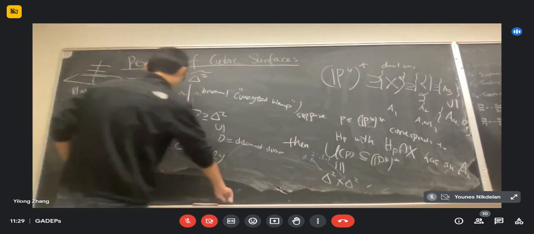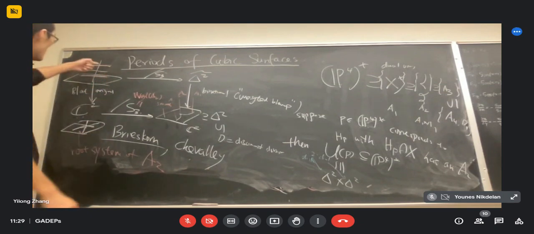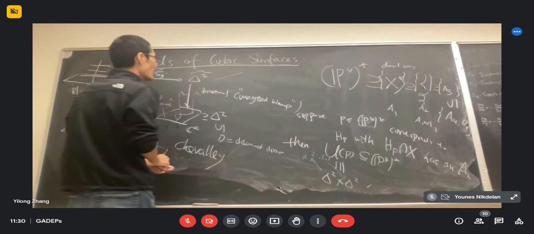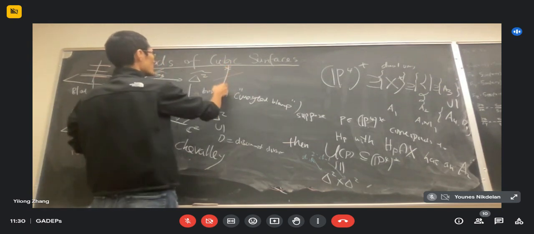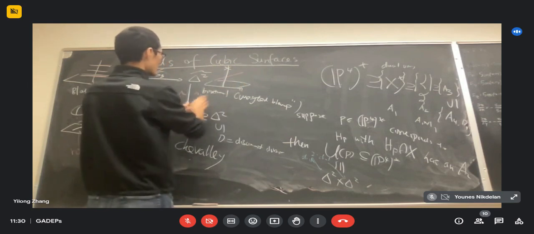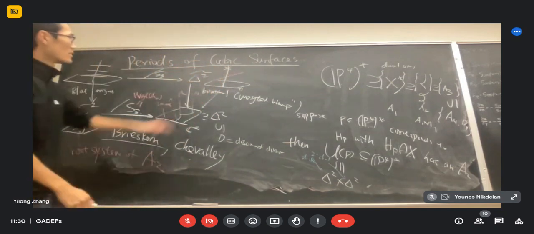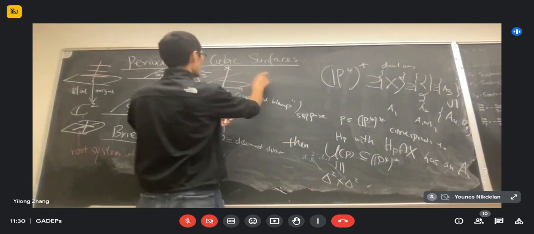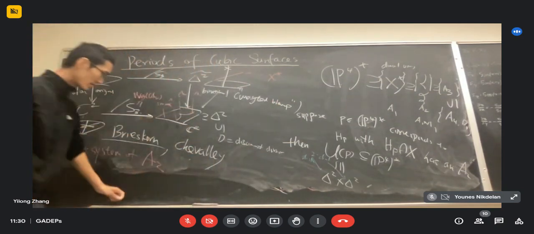You will see that these 3 lines actually correspond to 1 line, and this exceptional divisor has some quotient singularity. So this is the picture. The quotient singularity doesn't really appear on this red line, which you should really think of as the dual variety, but in a two-dimensional slice.